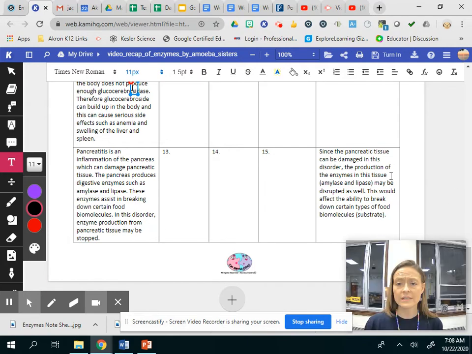So over here they did give you its relationship. So it says, since the pancreatic tissue can be damaged in this disorder, the production of the enzymes in the tissue, amylase and lipase, giving you the answer there, may be disrupted as well. This would affect the ability to break down certain types of food biomolecules, the substrate. Now they did give a very long explanation.